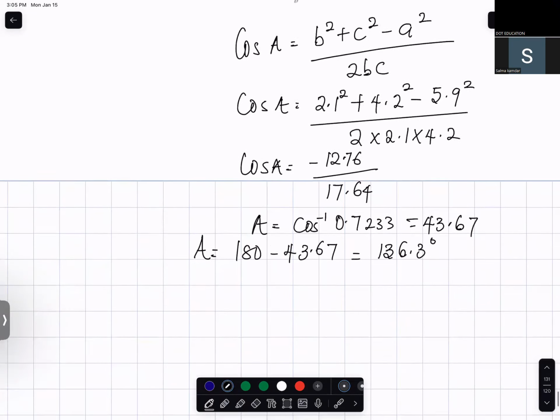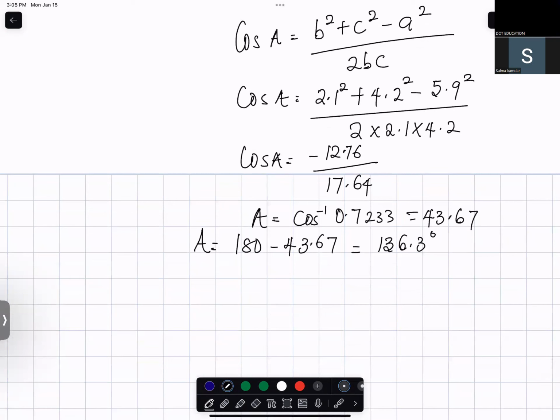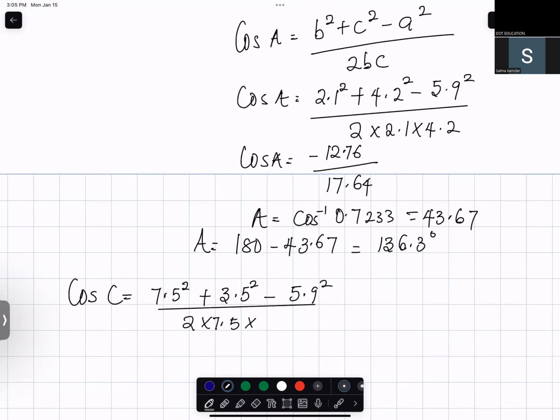So we've gotten the angle at A. Then we are looking for the second angle, which is the angle at C, using the same cosine formula. We have cos C equal to 7.5 squared plus 3.5 squared minus 5.9 squared divided by 2 times 7.5 multiplied by 3.5.